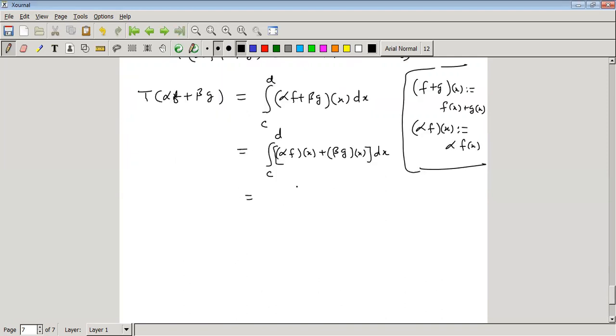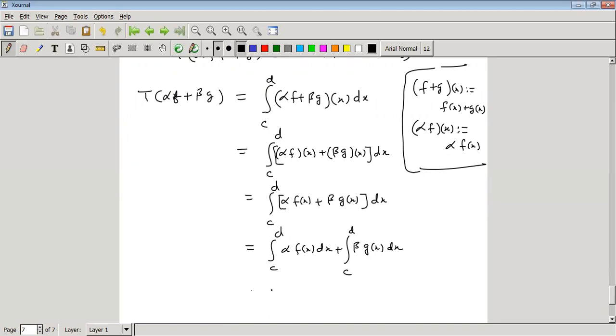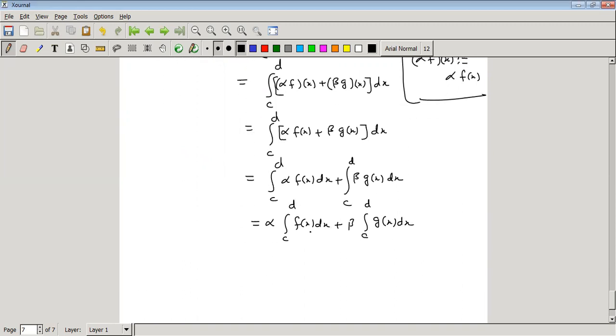This is the integral from c to d of alpha times f of x plus beta times g of x dx. And we can separate this: alpha times the integral of f of x dx plus beta times the integral from c to d of g of x dx. The integral from c to d of f of x dx is nothing but T of f, so this is alpha times T of f plus beta times T of g.